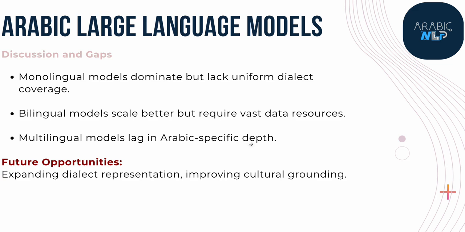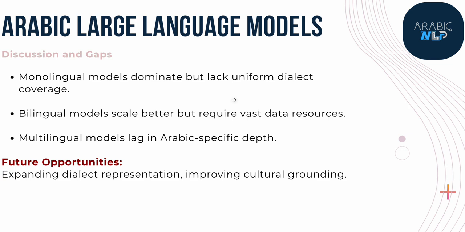Okay, let me now do some discussion and gaps about this. Arabic LLMs have made remarkable progress, with monolingual models leading the way in Arabic language understanding. Of course, gaps remain, particularly in dialect coverage, as the models for some regions remain underdeveloped. Also, bilingual models, while powerful, depend heavily on vast datasets, and most of them are focused more on English than other languages.